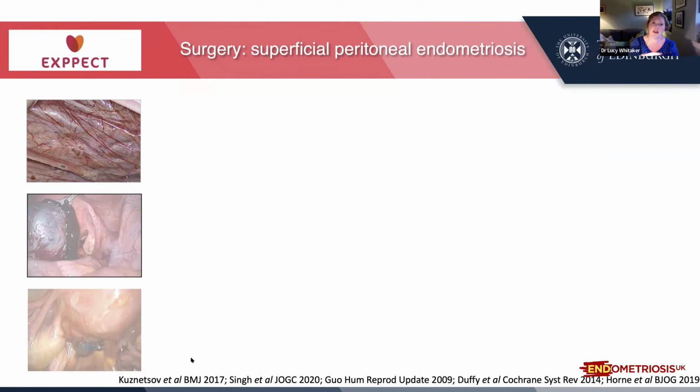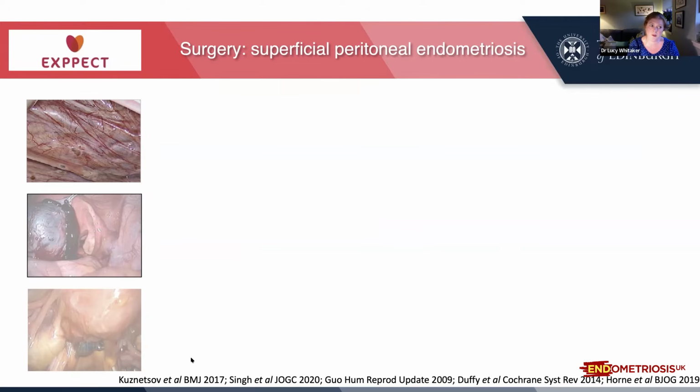The reason they recommend this is based on 3 trials, all of which at 6 months demonstrated a benefit of doing surgery to treat the lesions compared to just looking at them alone. However, one of the challenges is that those 3 studies are quite small, and only one of them followed up the patients beyond 6 months, so saw what their pain symptoms were at a year, but they didn't follow them up any further.